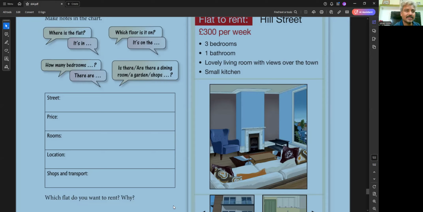There's a carpet in front of the fire. And there's a TV and a DVD player. There's a table in front of the sofa.